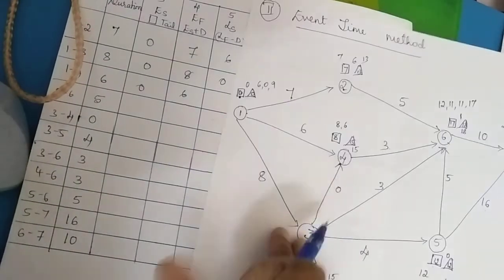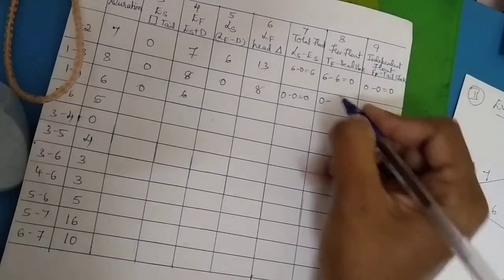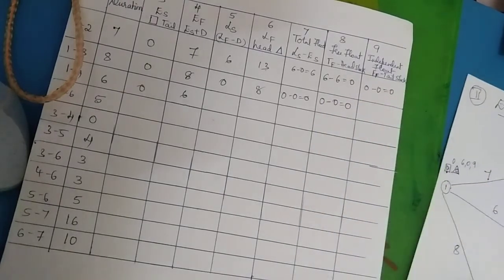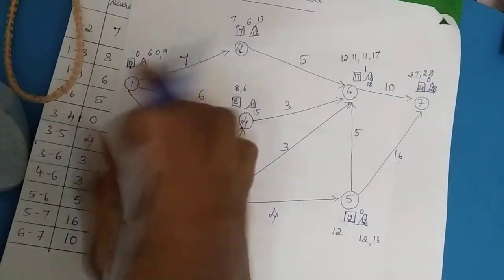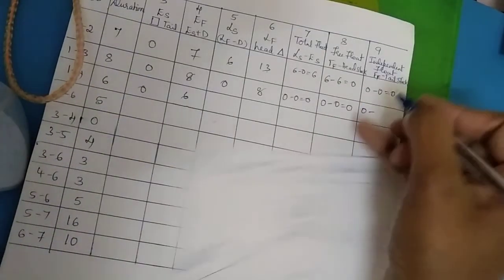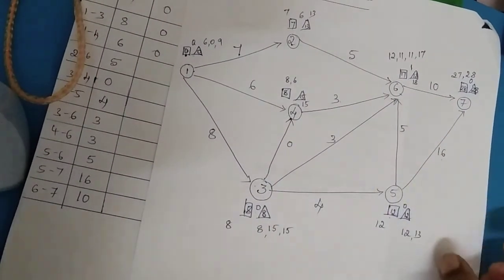From 1 to 3, the head event slack is 0 here, so I am making a note of that, 0. Then the free float is taken as 0 minus the tail event slack. For 1 to 3, the tail event slack is 0. So this is how we calculate for the rest of the other columns.